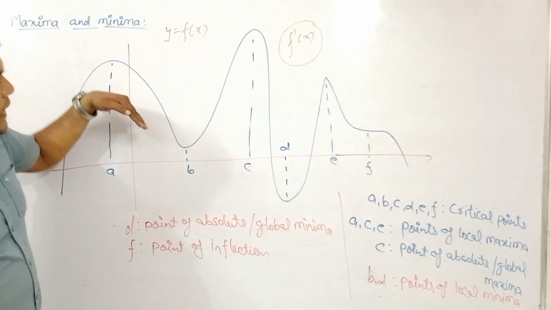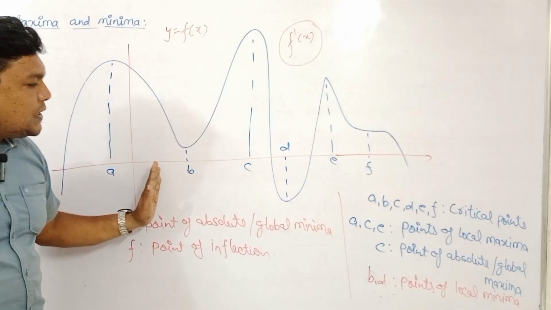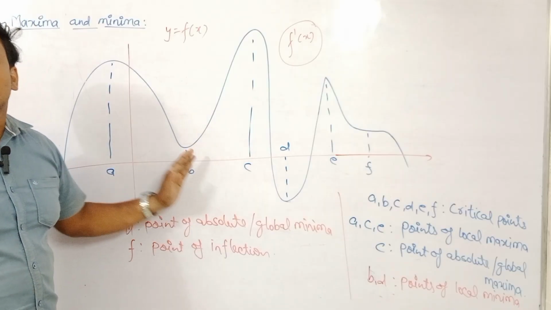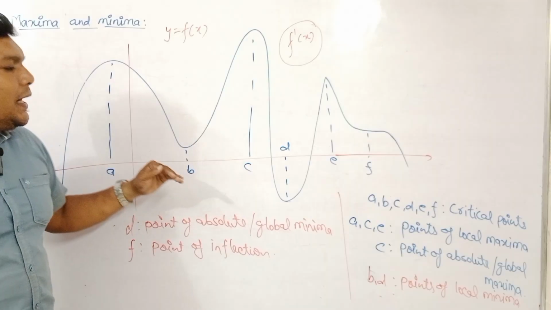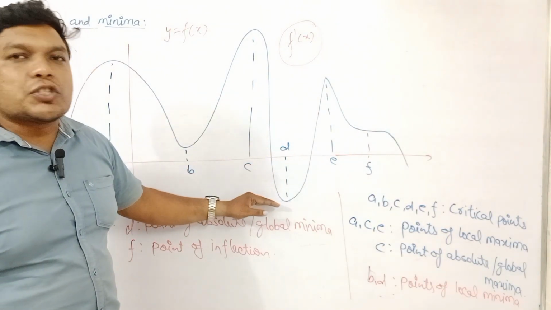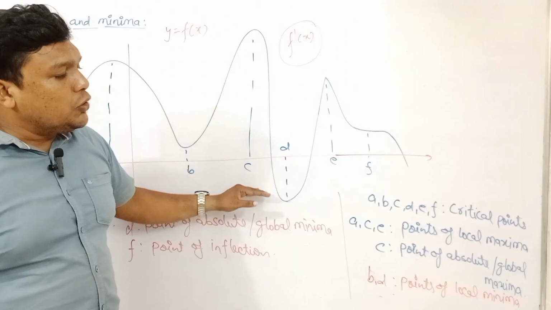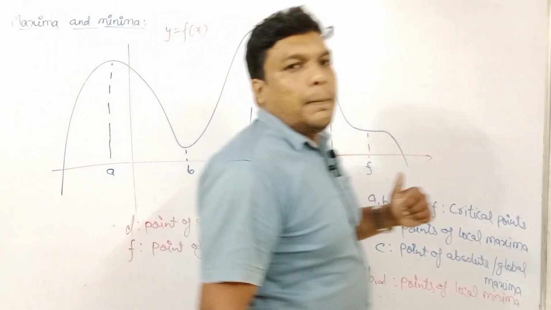Okay, now if the sign of f dash x changes from negative to positive as x increases through the point, then it is called point of local minima. And out of these local minimum values, the least value is called absolute or global minima, and that point is called point of global minima.